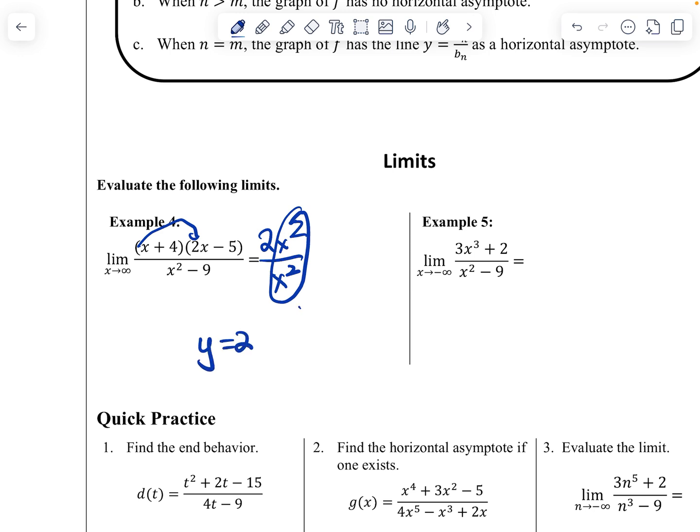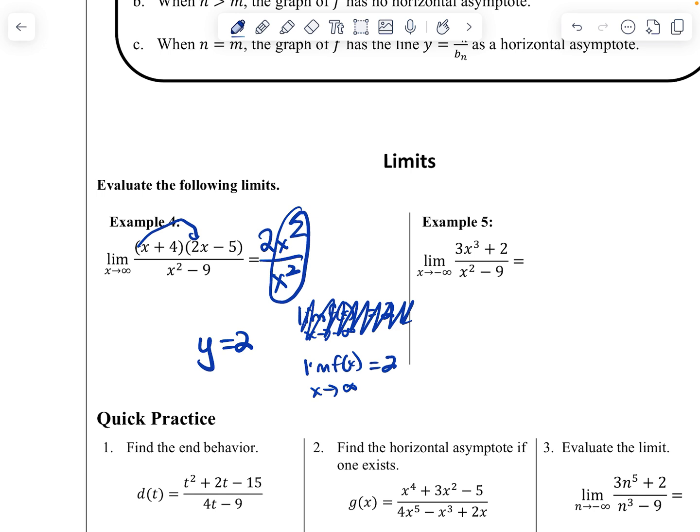And it's asking for our limits. So the limit of f of x as x goes to negative infinity is 2, and the limit of f of x as x goes to infinity is also 2. Oh, and this was just said as it goes to infinity. My bad.